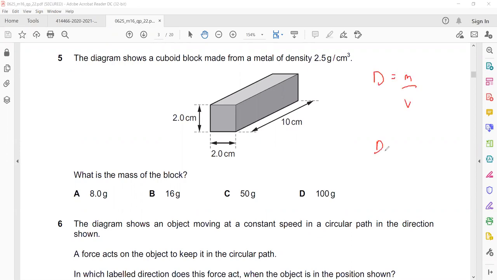So mass is density times volume. The density is given, 2.5. And what about the volume? How to get the volume? That's 2 multiplied by 2, 4, multiplied by 10. That is equal to 40. So when you multiply them, it will be 100, which is D.